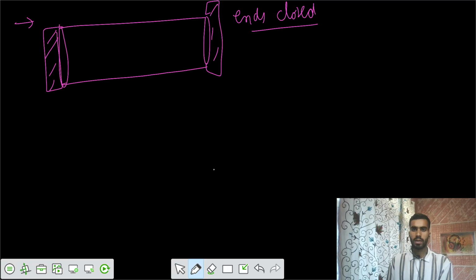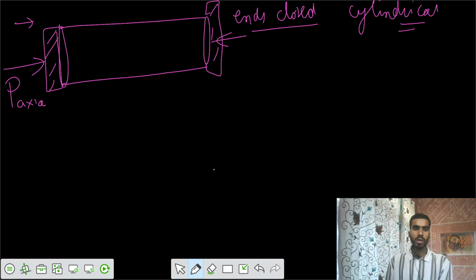This is your thin cylindrical vessel. We are applying an axial compressive force of 55 kilonewton on this material from the outside.